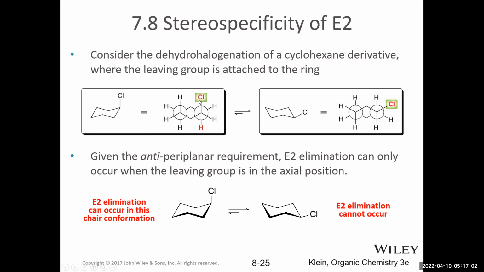And what we'll see is that when the chlorine is in this axial position, there is a hydrogen anti-periplanar to it on one of the beta carbons, which would be here. There's also one here as well. But in this particular conformation, we're looking at the one here since we're looking down this carbon-carbon bond.